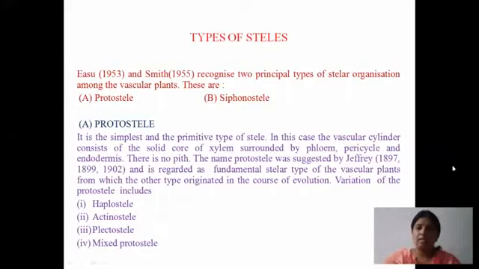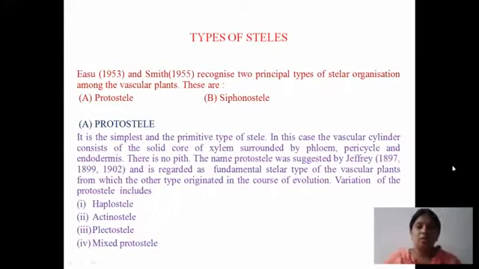In this case, the vascular cylinder consists of the solid core of xylem surrounded by phloem, pericycle and endodermis. There is no pith. The name protostele was suggested by Jeffrey and is regarded as the fundamental stellar system of the vascular plants, from which the other type originated in the course of evolution.